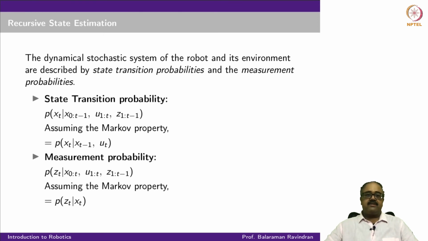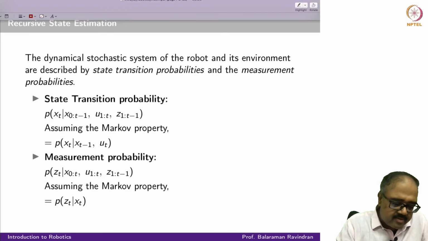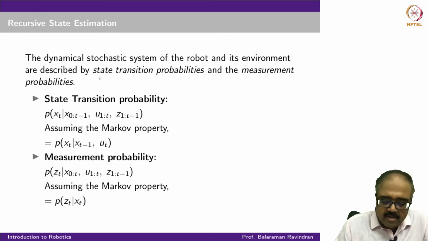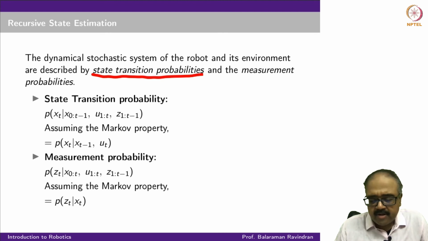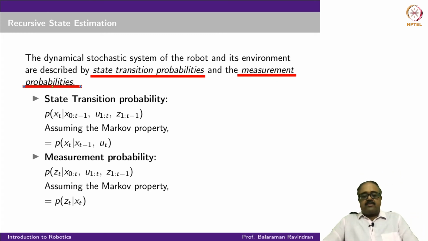So the stochastic system, in fact, we call this a dynamical stochastic system of the robot, is going to be described by two quantities. The first are the state transition probabilities. And then the second set of quantities are what are called the measurement probabilities. So we have the state transition probabilities and we have the measurement probabilities.